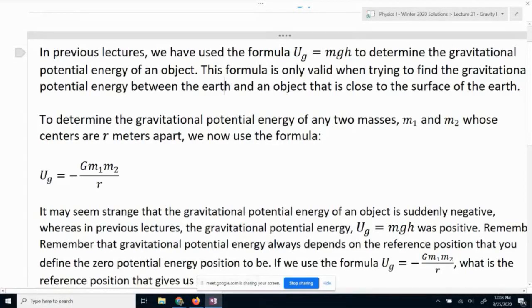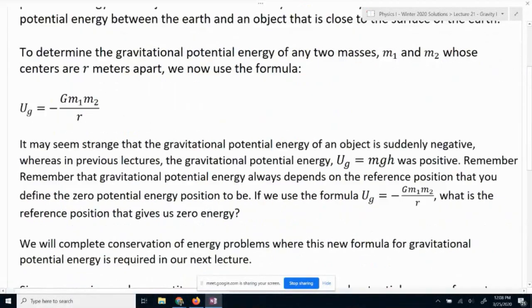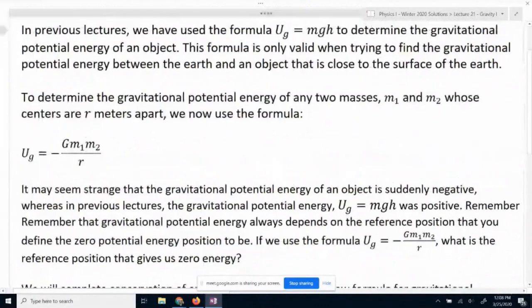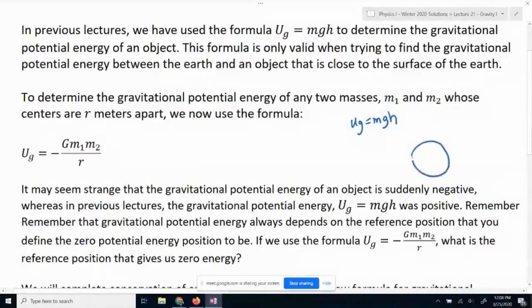Now the negative sign, let's address it. If we were using UG equals mgh, we have a boy on a slide. He's up here, and then he slides down. So initially he's here, finally he's at the bottom of the slide. Obviously not to scale. This is the slide, and this is the Earth.